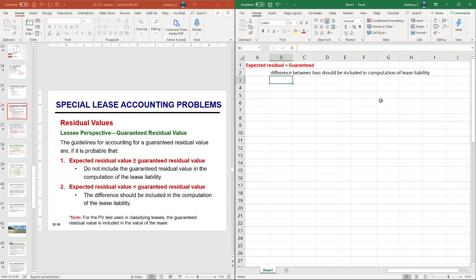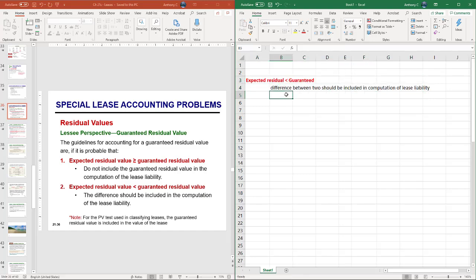Let me just point out here, when we're talking about these residual values, this refers to the situation where we're recording the lease asset and the lease liability. Please don't confuse this with the present value test for the lease classification.